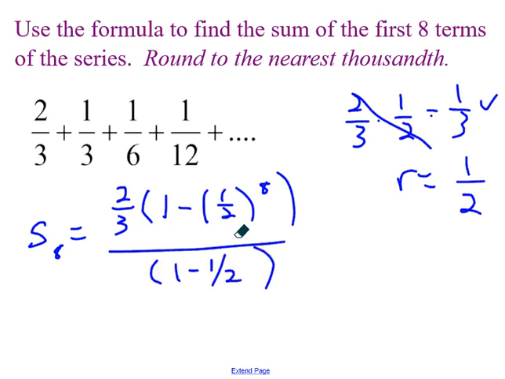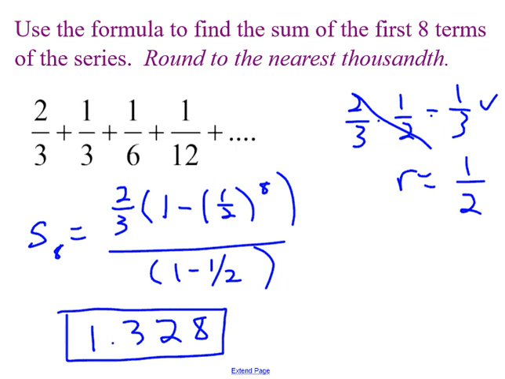And again, you can pause the video and try to calculate that yourself and see how you do. So hopefully you came up with an answer. I came up with 1.32, and it says round to the nearest thousandth, so I'm going to have 1.328. That's my answer, the sum to the nearest thousandth.